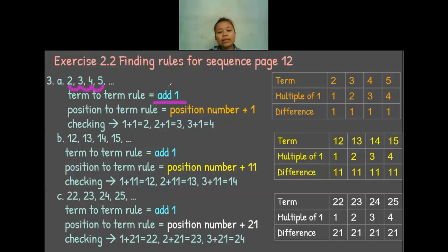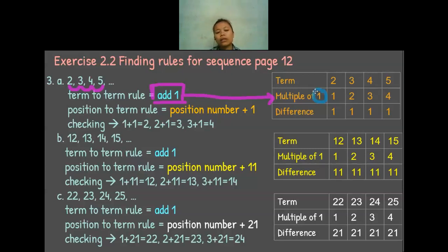Because this is 1, later we have to find multiples of 1. If later it adds 2, it will be multiples of 2. The multiple depends on what term-to-term rule you have. If you have a term-to-term rule of 5, you find multiples of 5.